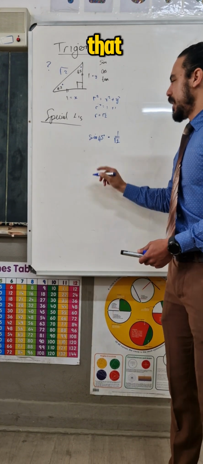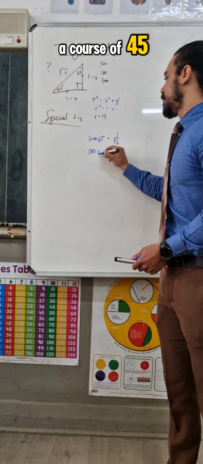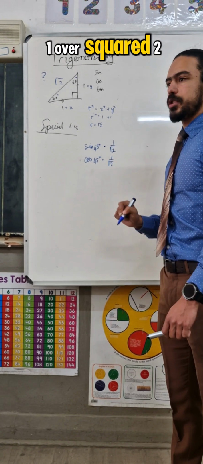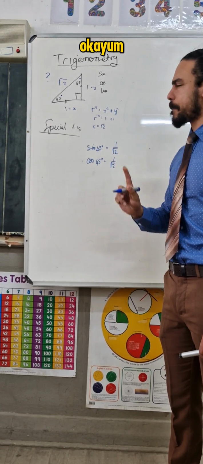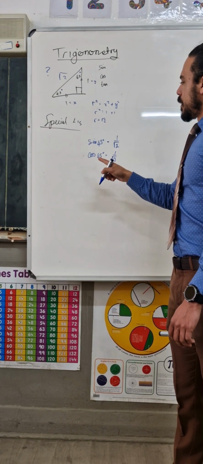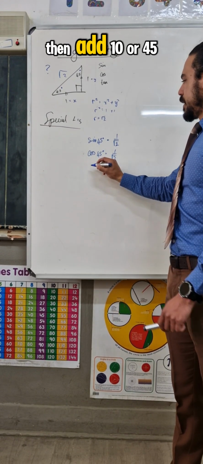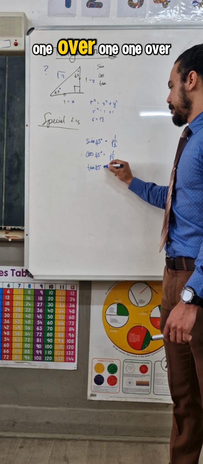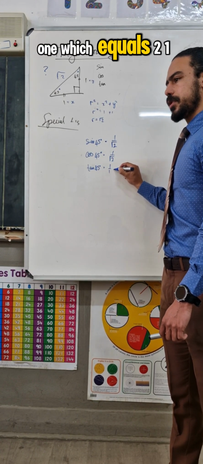I can also ask you cos of 45, and that will also be 1 over square root 2. Then tan of 45? 1 over 1, which equals 1.